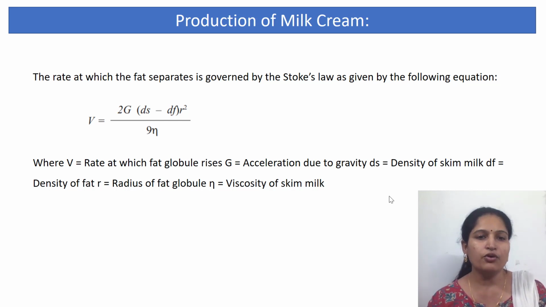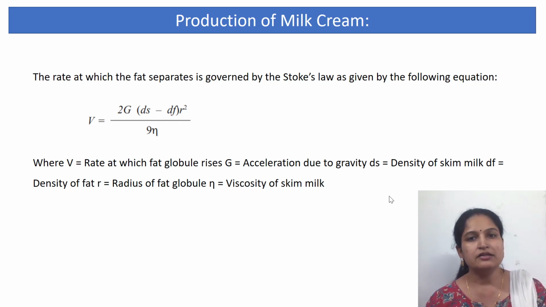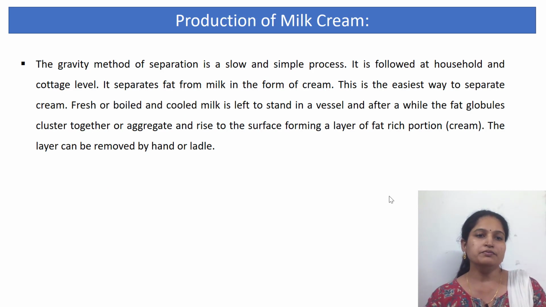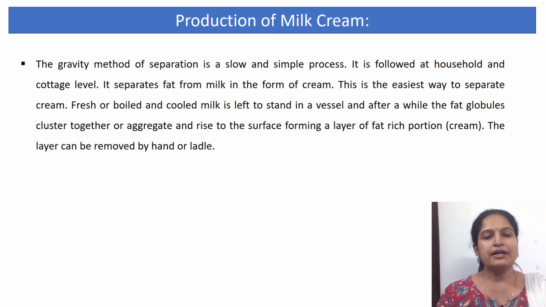So this is Stokes' law, which determines the movement of any particle in a fluid solution. So we are here calculating the rate of cream formation, or fat globule rise in skim milk, which is calculated by this formula known as Stokes' law.